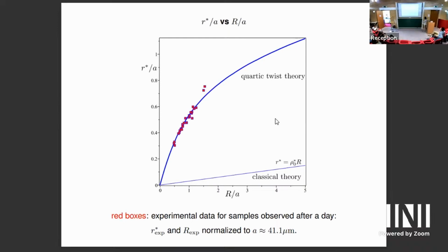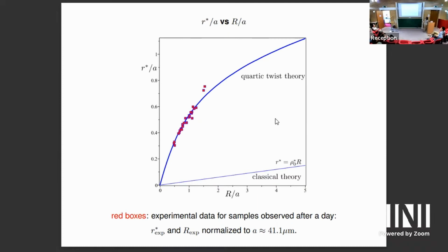And in an attempt toward understanding which of the two theories better describes the experimental results, I plot with these red boxes the experimental radius of the inversion ring of the cavities I have from the experiments against the corresponding value of the radius of the cavity.